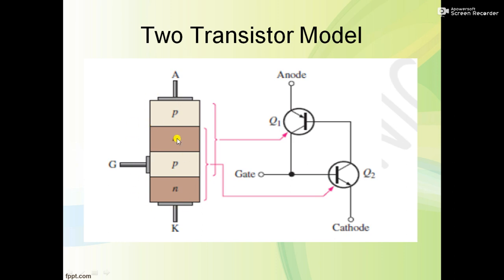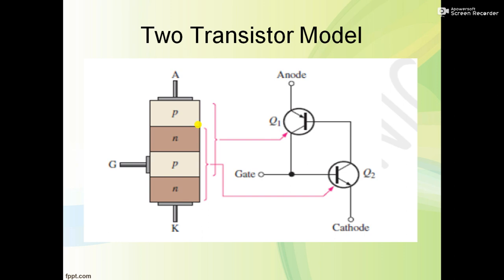Now I am comparing this basic construction with the 2 transistor model of the SCR, because in this case 3 junctions are used. A junction is one PN junction diode, and a transistor is a combination of PN junction diodes. In a transistor 2 junctions are there: emitter base junction, then collector base junction.